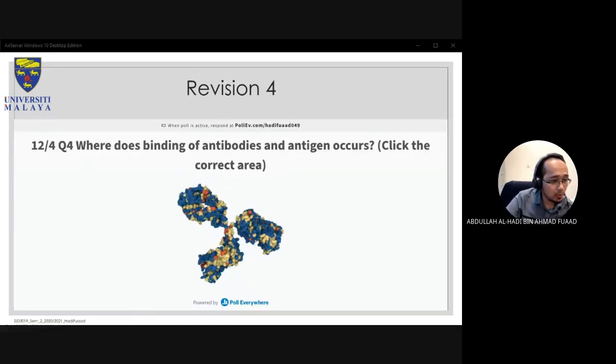Question number 4. I'm not sure how this will look on your phone. Hopefully, you can click the correct area. Where does binding of antibody and antigen occur? Choose a site where the antibody and the antigen bind.